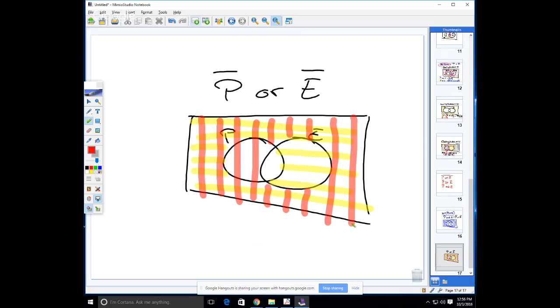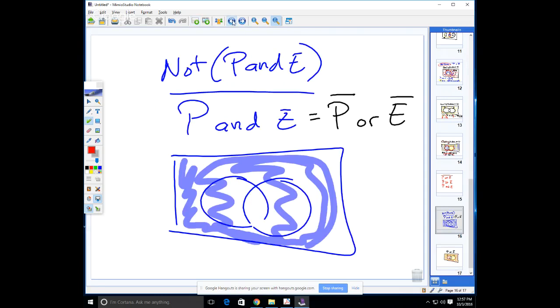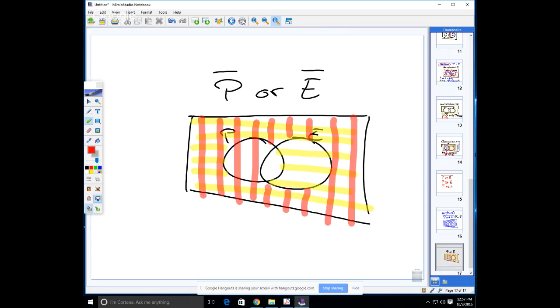And let's see, what does or say? Or means you have to be one color, the other color, or both colors. So basically I want anything that's shaded. Is that the same result I ended up with here? It's everything outside the crescent, right? Yeah.